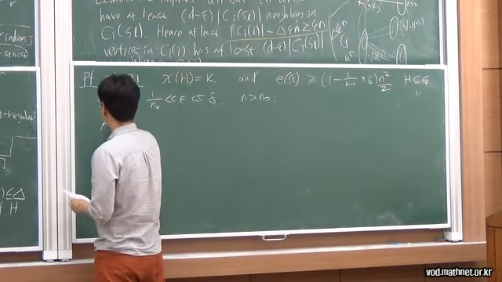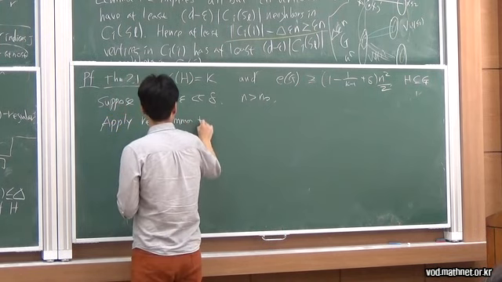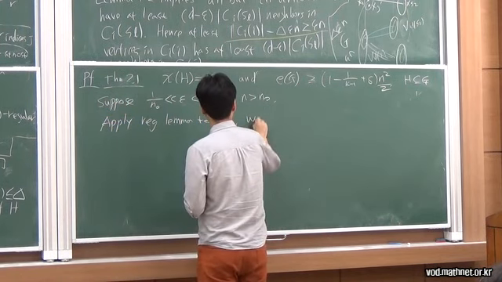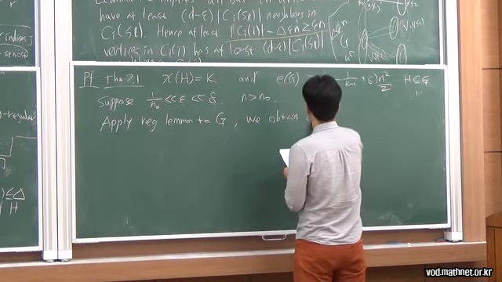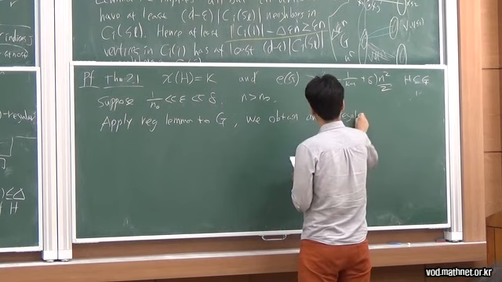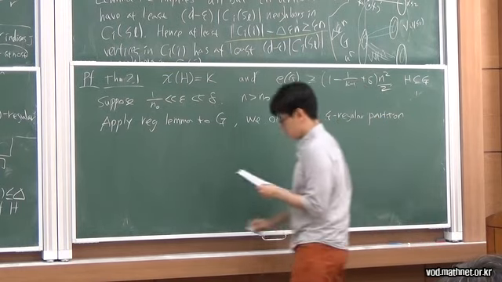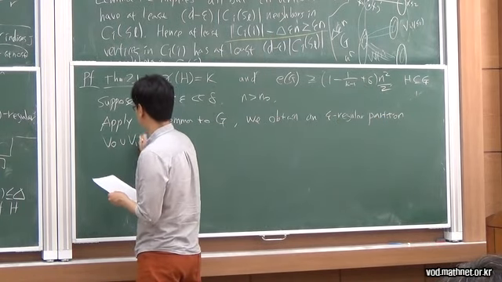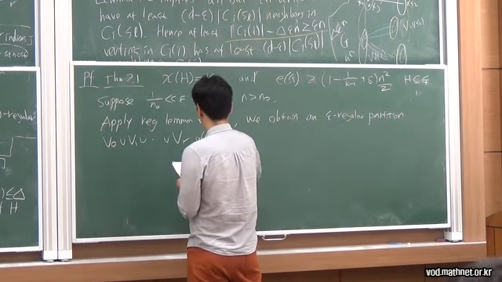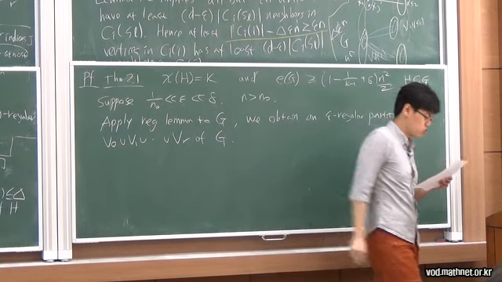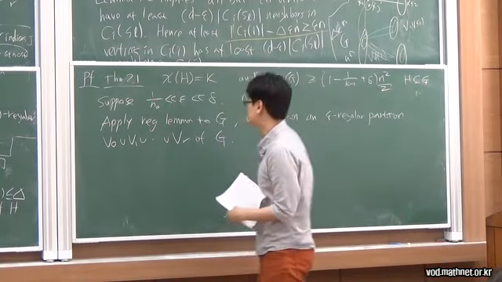So what we do is apply the regularity lemma to G, and we obtain an epsilon regular partition P sub 0, P sub 1, up to P sub R of G, which satisfies R1 to R4, those four properties.